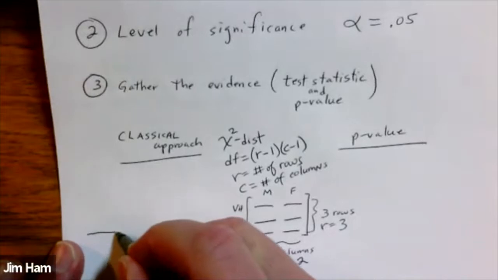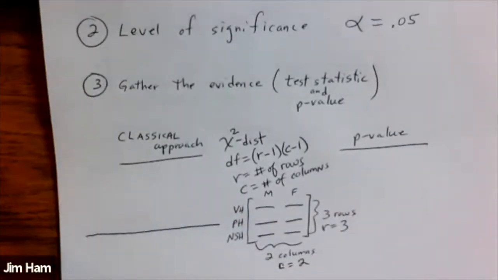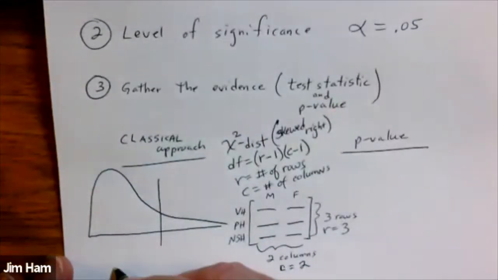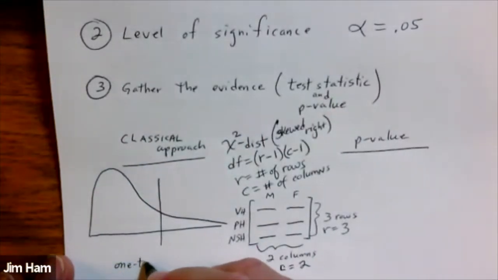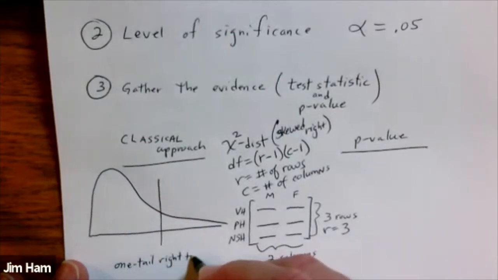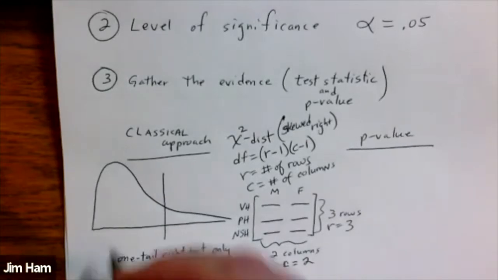Now, another thing that you're going to see with the chi-squared distribution is it's not bell-shaped like our others. The chi-squared distribution is skewed right. For most of the tables that we have, it'll be skewed right. We're going to be doing a one-tailed right test only for this test. Another thing about this test statistic is that it's always positive.